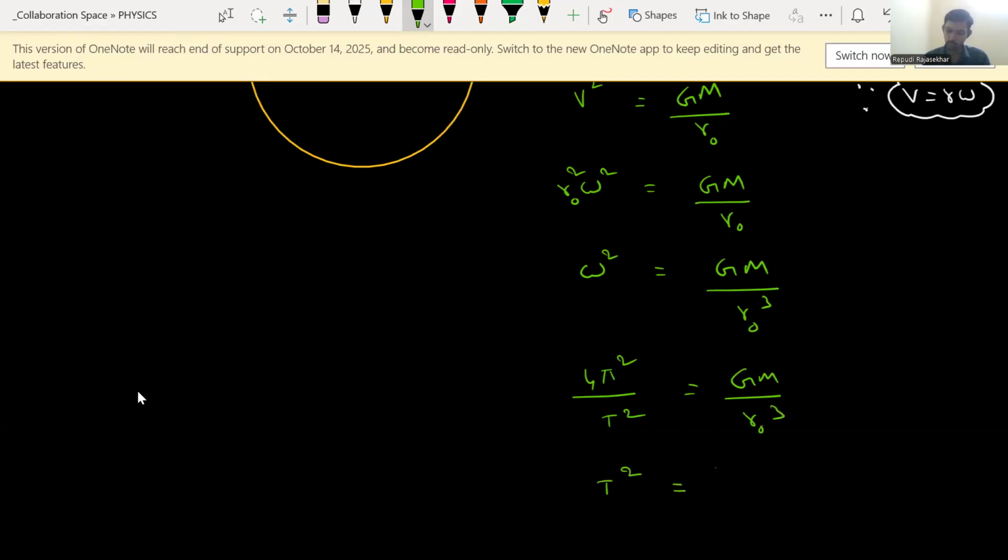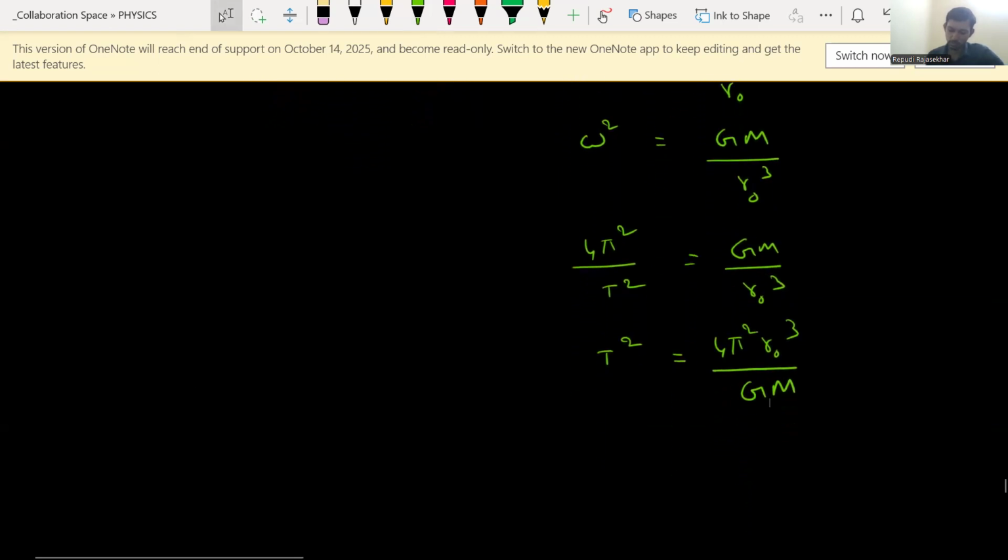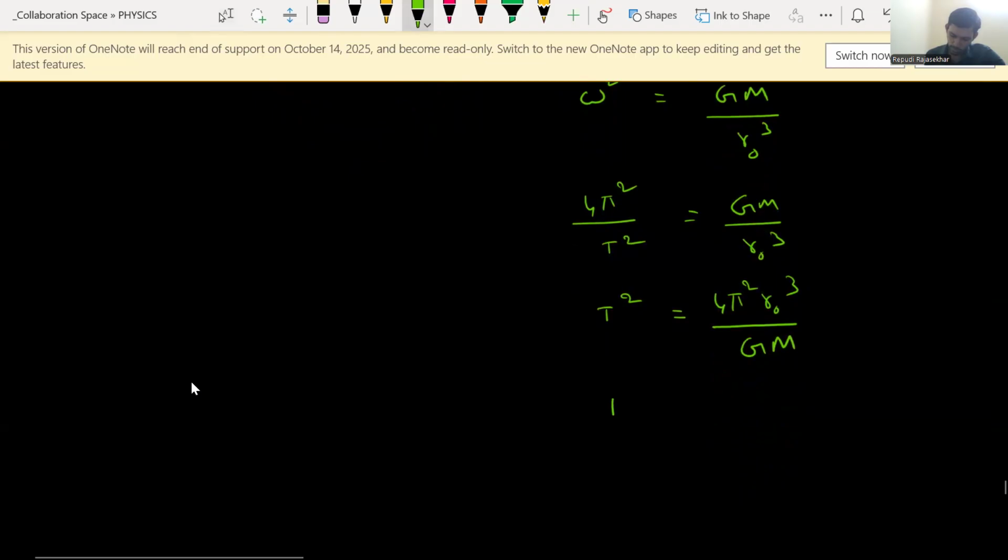T square can be written as 4 pi square r naught cube divided by GM. Clear? Just cross multiplied. Now find out the T value. T can be written as root over 4 pi square r naught cube by GM.